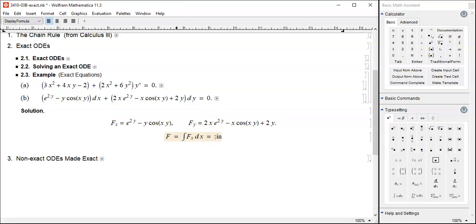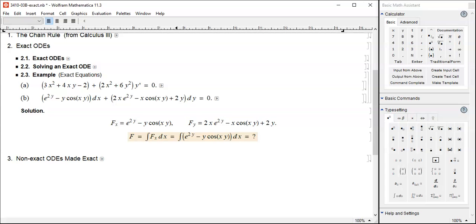So let's do that. And take this. And how do you calculate it?